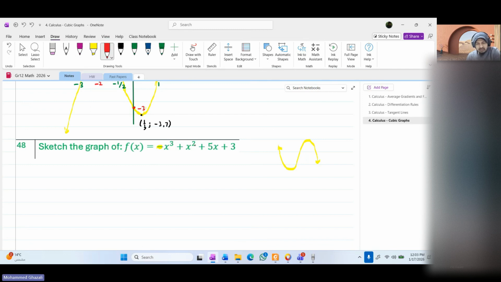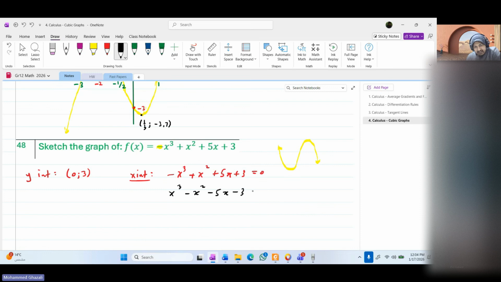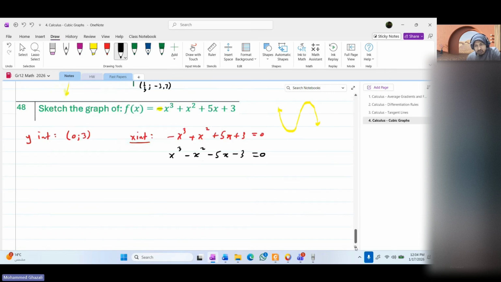Let's find the x-intercepts. We already know the y-intercept, which is the easiest. It is 0 and 3, right? For the x-intercept now, we need to make the entire equation equal to 0. So minus x cubed plus x squared plus 5x plus 3 is equal to 0. Write this equation in standard form. So you're going to get x cubed minus x squared minus 5x minus 3 is equal to 0.